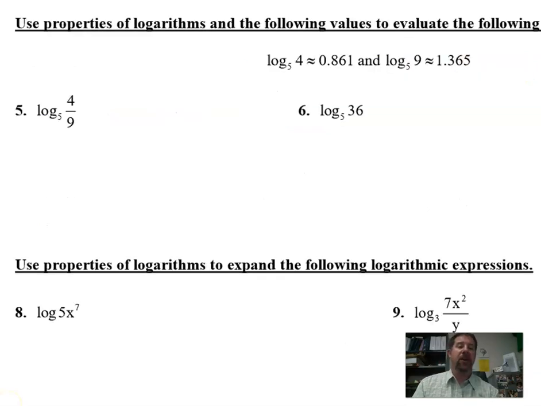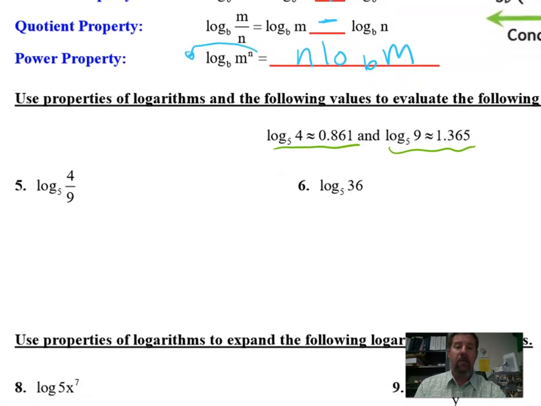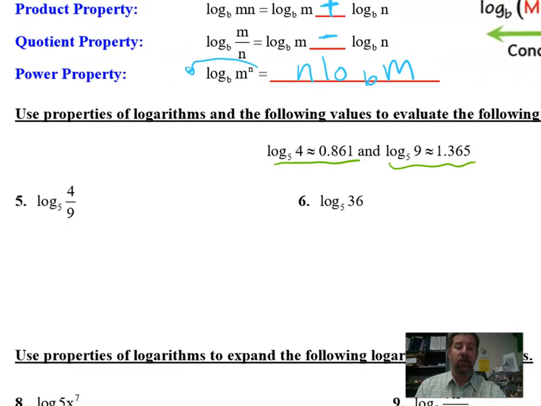Okay, so in this next part here, we're given log base 5 of 4 is 0.861. And we're given log base 5 of 9 is 1.365. And so we want to rewrite log base 5 of 4/9, so that we can evaluate it. Okay? So using our properties from above here, because these are dividing, we're going to use the quotient property.